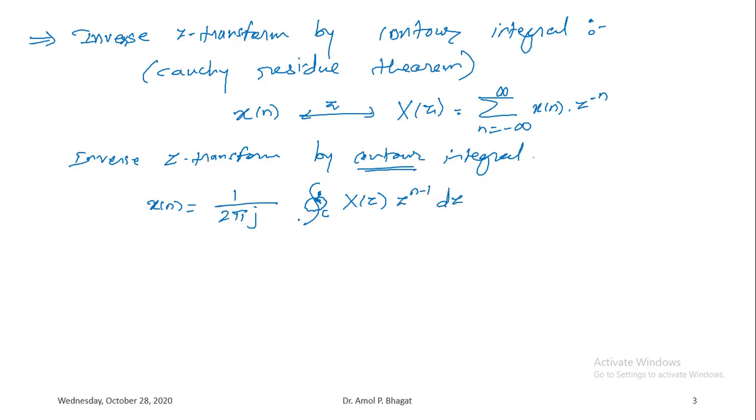This is the contour integration of X of z to get the original discrete time signal x of n. This integral is referred to as a contour integral.